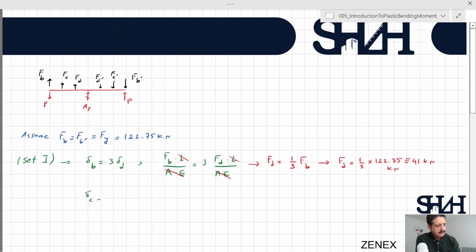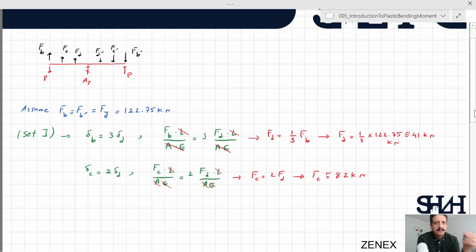Also, delta C was 2 delta D. FC times L over AE is the same as 2 times FD L over AE. The same length, the same area. As a result, FC will be 2 times FD, and then FC will be 82 kilonewton.